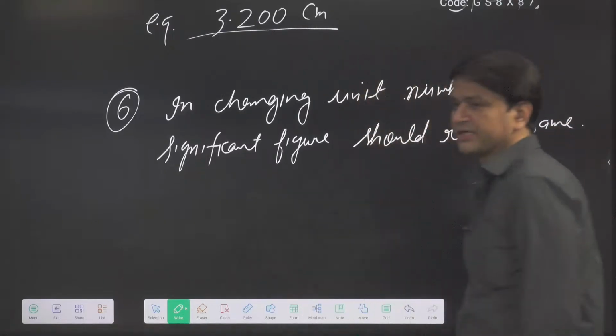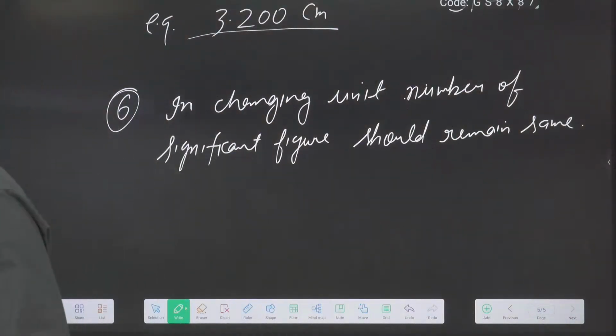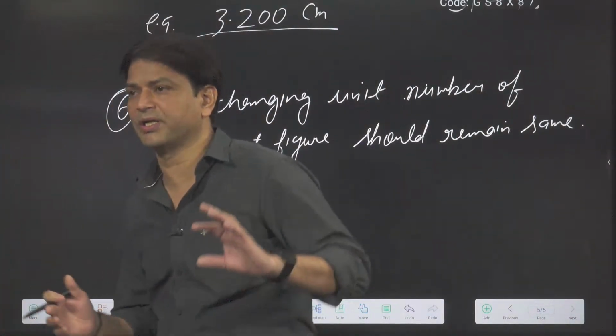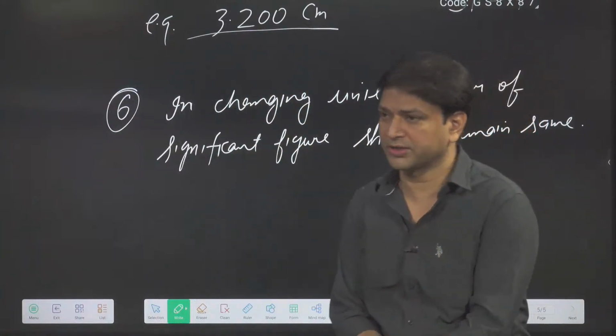Means in changing the unit, significant figures should not change. Whatever relation we have between meter, kilometer, centimeter, we have to follow, but the number of significant figures should not change, okay.